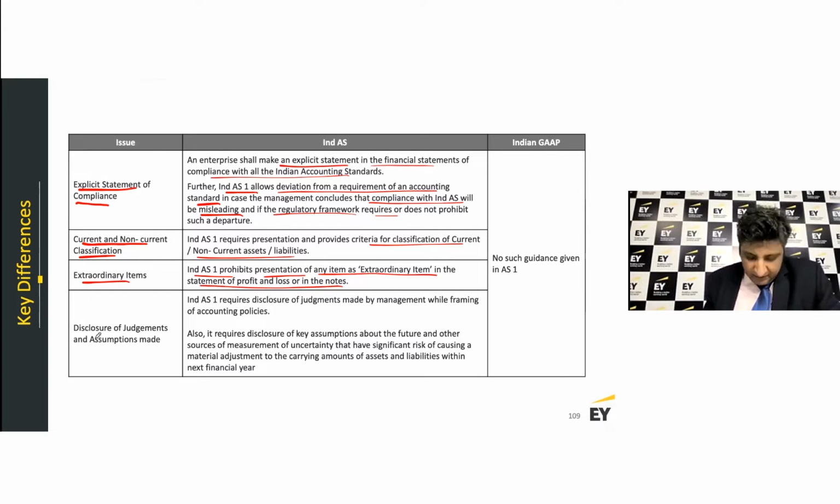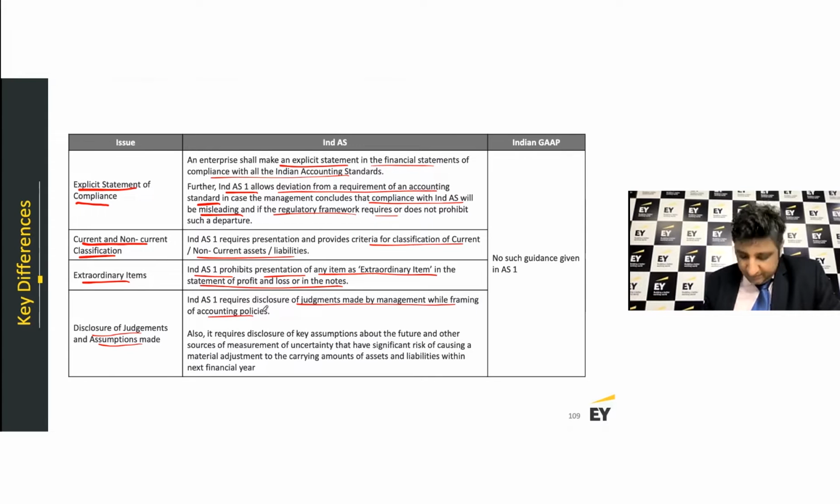Also, disclosure is required to be made by the management in respect of the judgments made by them. So it's a little more deliberated effort under Ind AS, although similar disclosures were also required under the AS regime.